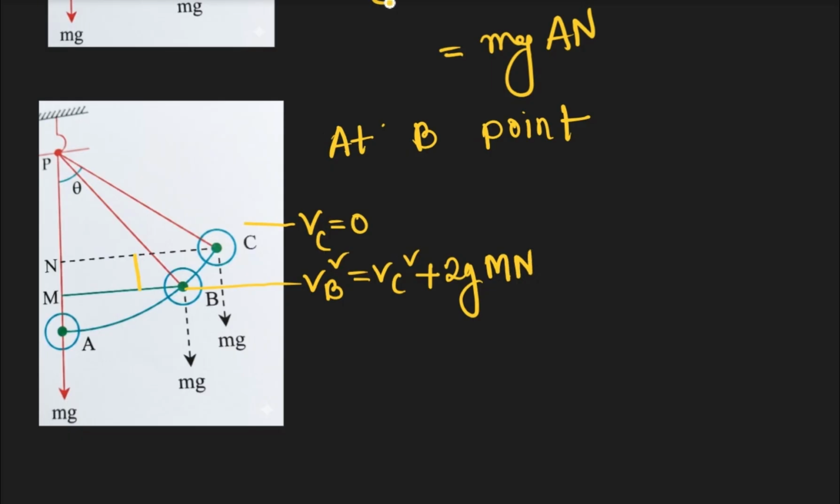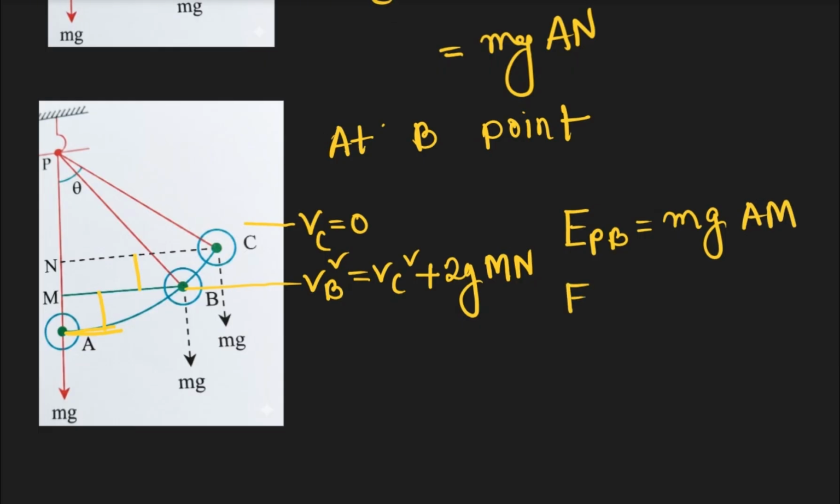Now it's time to write the potential energy at point B. So EPB is equal to mg, and the height is how much? The height is this much from the bottom, so it will be AM. So we write here mg AM.